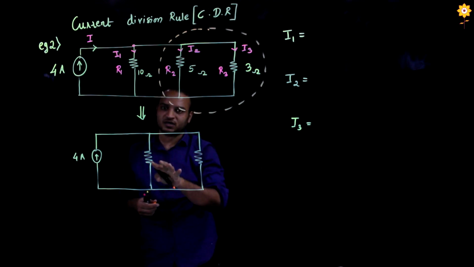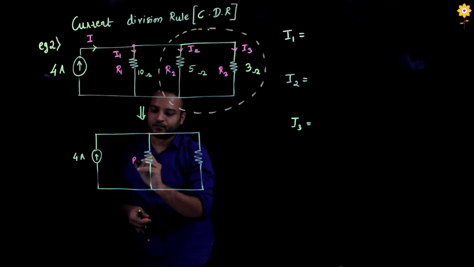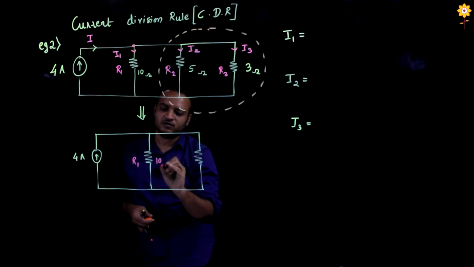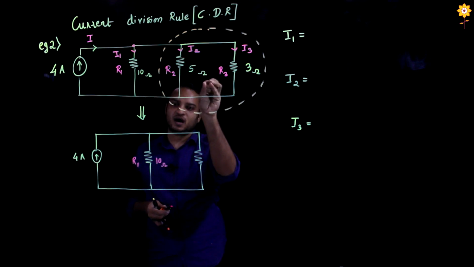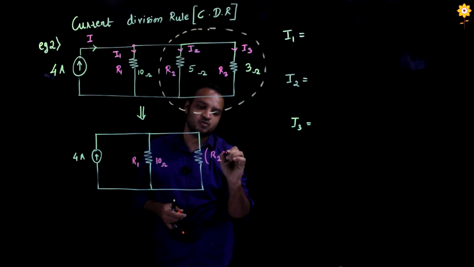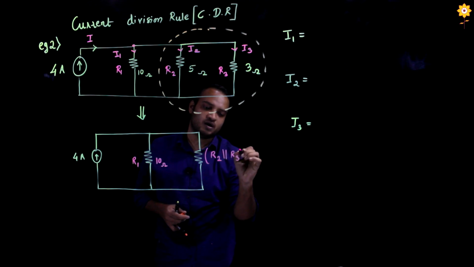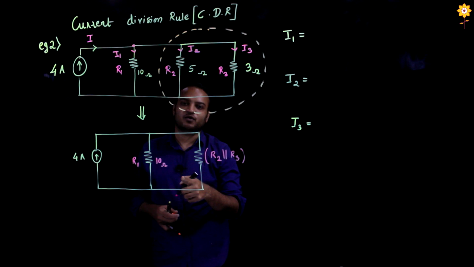If I reduce this circuit diagram, I have my resistance R1, which is 10 ohms, but the opposite resistance, that is R2 and R3, which are in parallel, will get combined. So this will be R2 parallel to R3. Now it becomes easy to apply the formula.